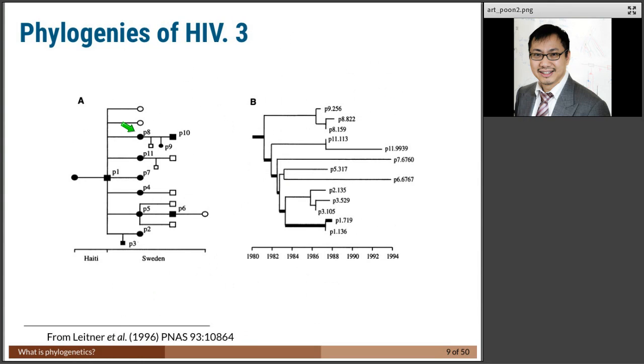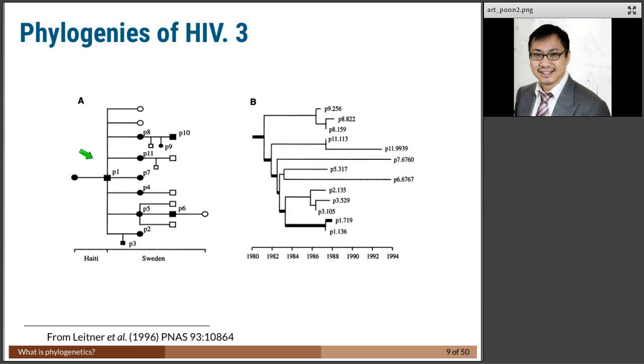Third, if we zoom in some more and look at the diversity of a virus within a given host population, we find that the structure of the phylogeny, this left side here depicts a phylogeny relating HIV infections among individuals in a given host population, somewhat mirrors the shape of a transmission tree.